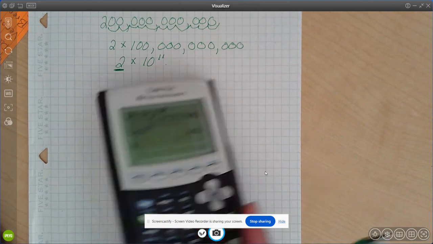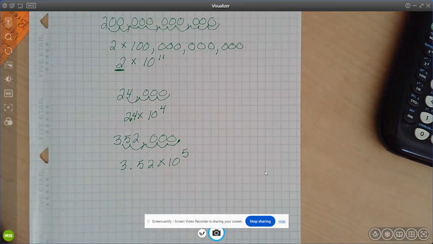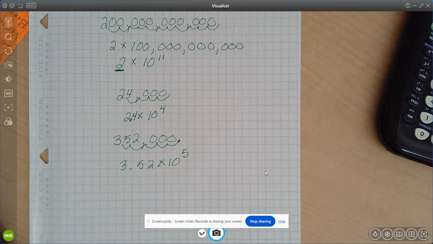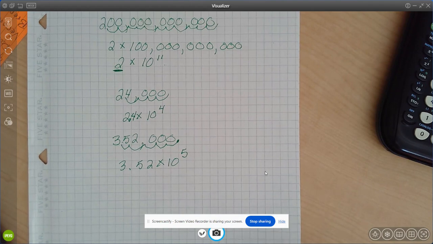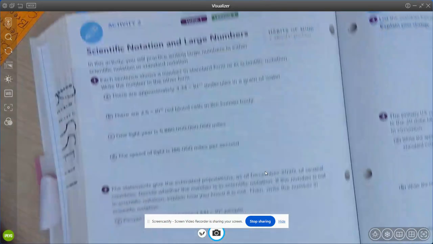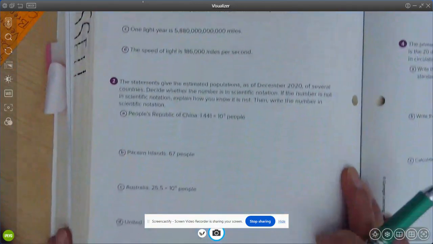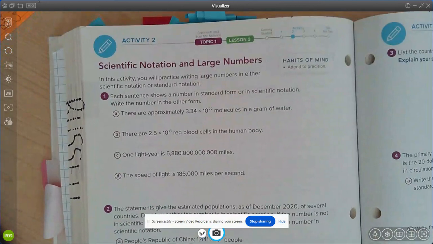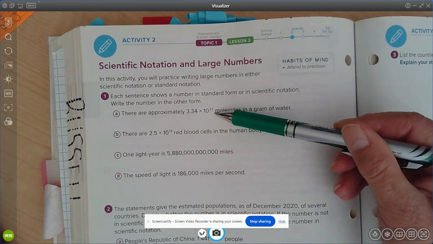Okay, so let's practice some from the book. Now, these are all large numbers. I'll go over small numbers with you after we do some from the book. So I'm on page 644, and 644 has practice going between scientific notation and standard form.